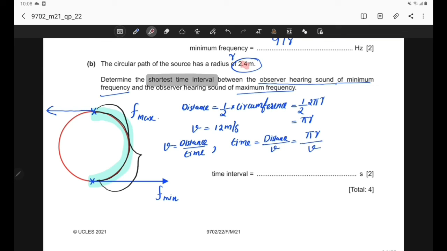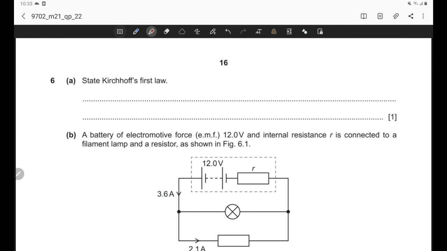The radius of this path is already given. We can substitute all the values, that is pi times r, 2.4, over the speed, which is 12. And the answer is 0.63 seconds.